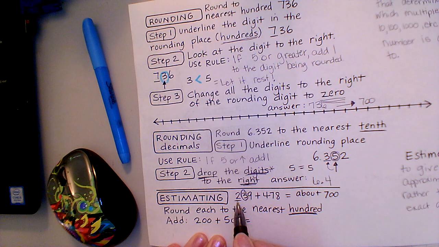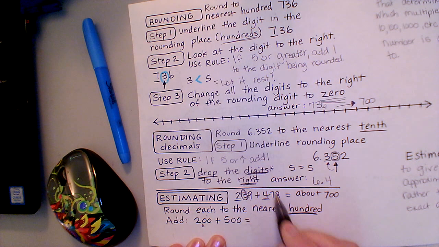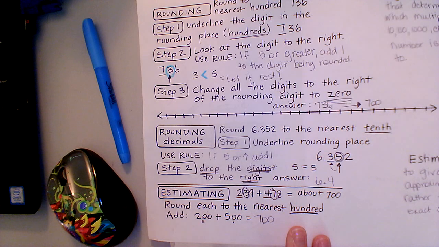The 3 tells us what to do with the 2. Let it rest, so it becomes 200. Underline the 4, circle the 7, make the 4 a 5, so we get 500. When we add 200 and 500, we get about 700, approximately 700.